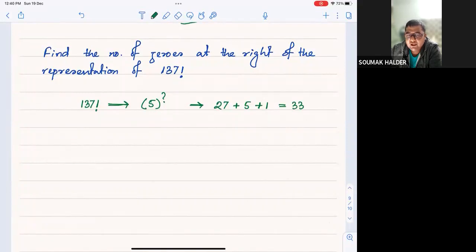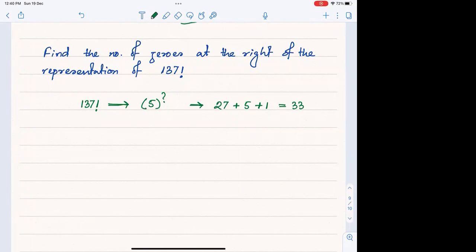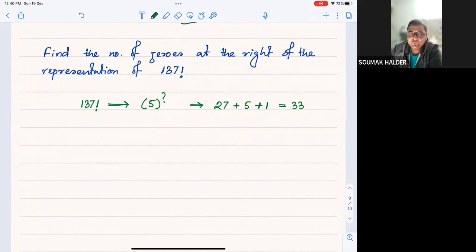Can it ever have less power than a greater prime in any n factorial? No, sir. So that's why we are not searching for 2. Even if you search for 2, it will definitely be more than 33. You can obviously check that, but while doing this on a quicker note, we must not waste our time on that.